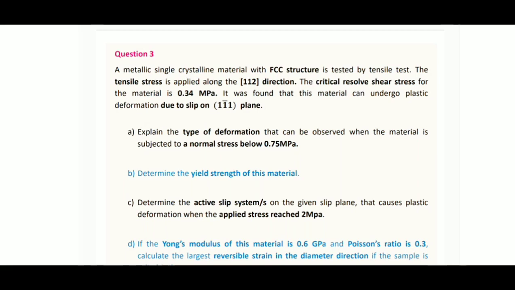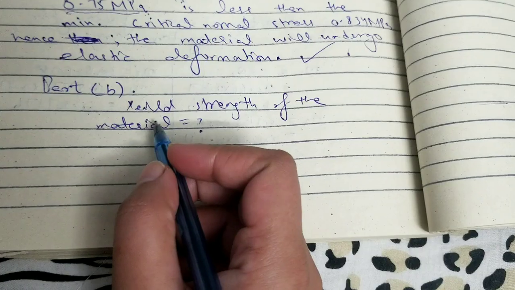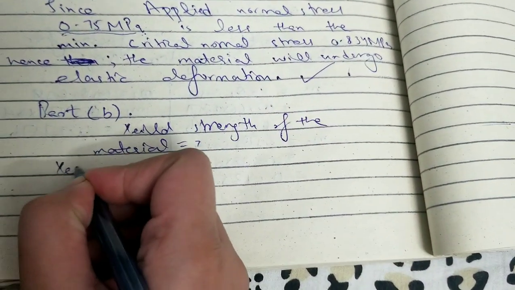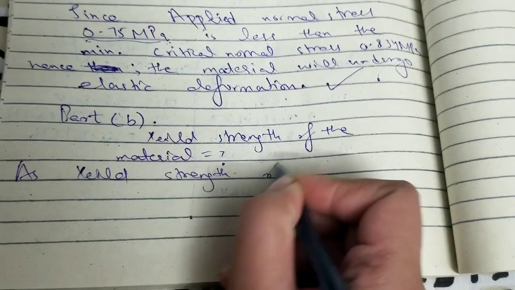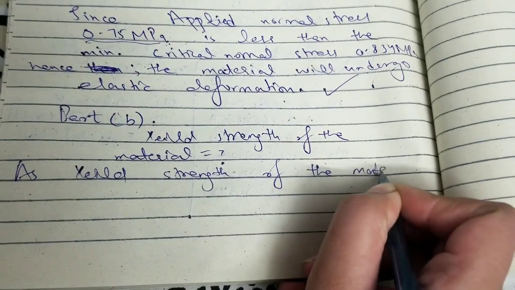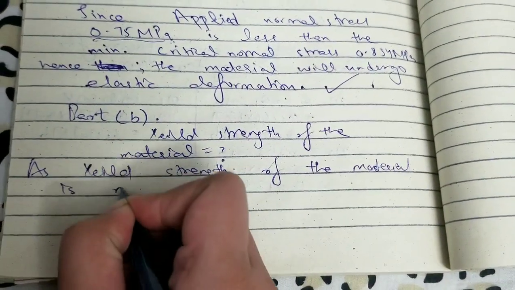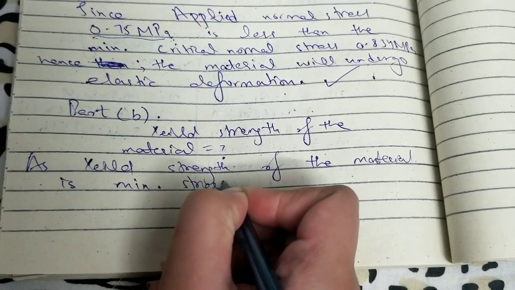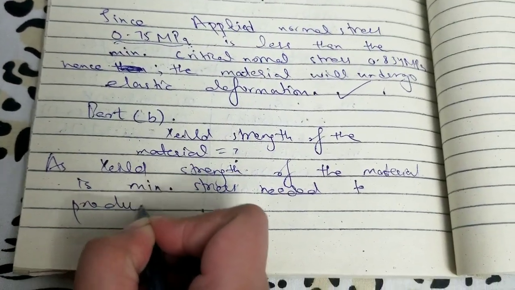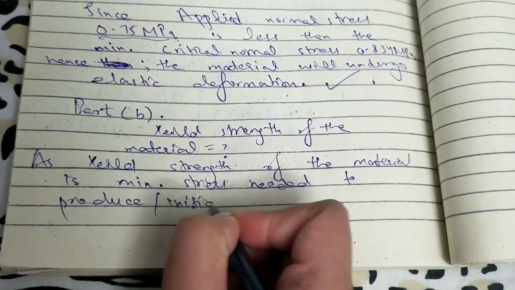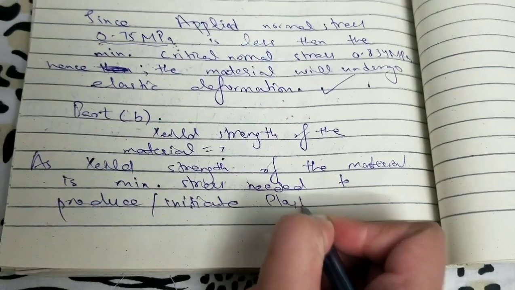And yes, let us do these two first. To determine the yield strength of the material: yield strength of the material is the minimum stress needed to produce or initiate plastic deformation in a material.